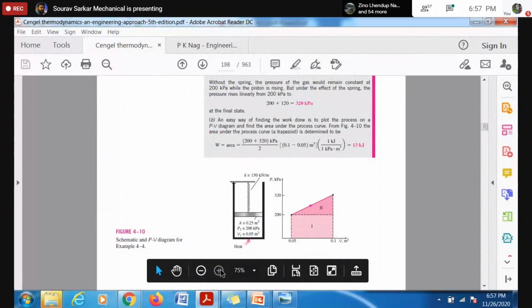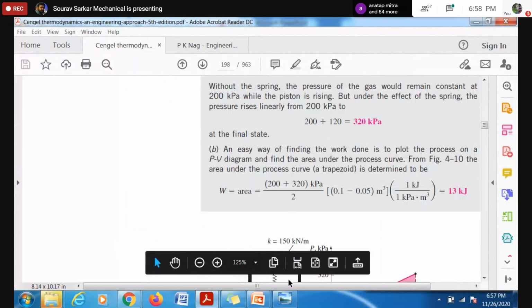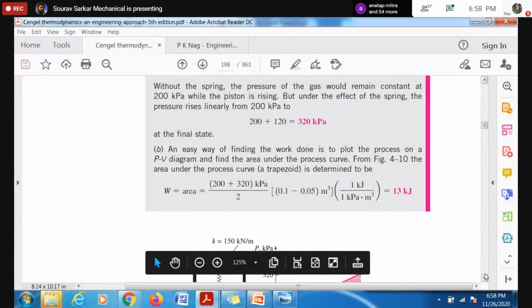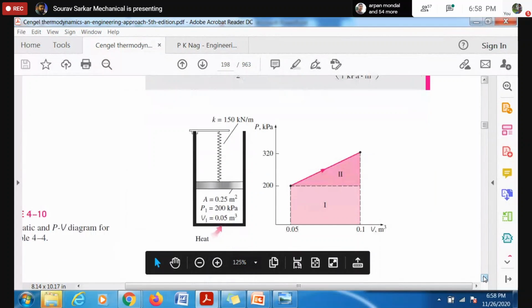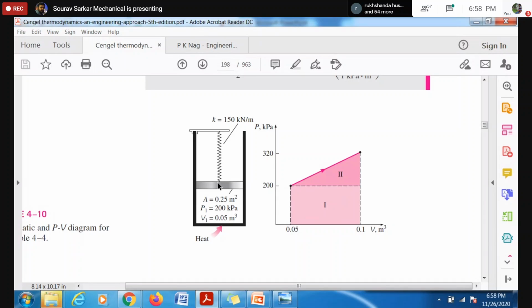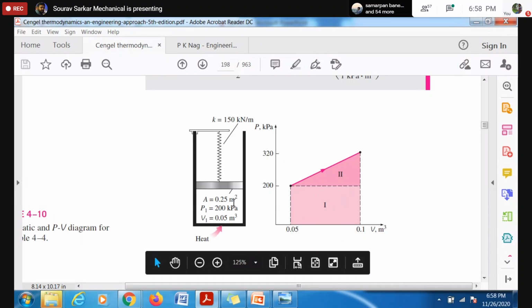Think about this process. Suppose this is a cylinder. This cylinder is filled with some gas. And there is one hinge or maybe a cantilever through which you have connected one spring to this. Now, if we supply heat, what will happen?